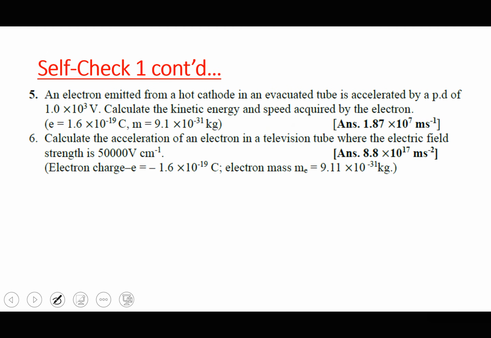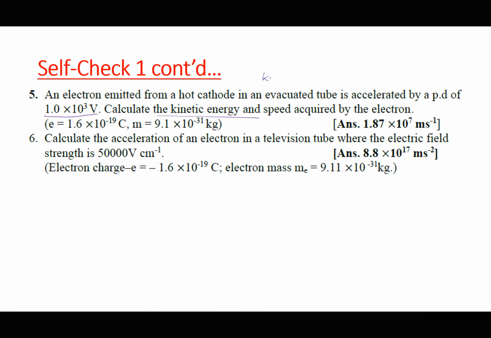Next, an electron emitted from a hot cathode in an evacuated tube is accelerated by a PD of 1.0 times 10 power 3 volts. Calculate the kinetic energy and the speed acquired by the electron. The work done by the PD is equal to the gain in kinetic energy.